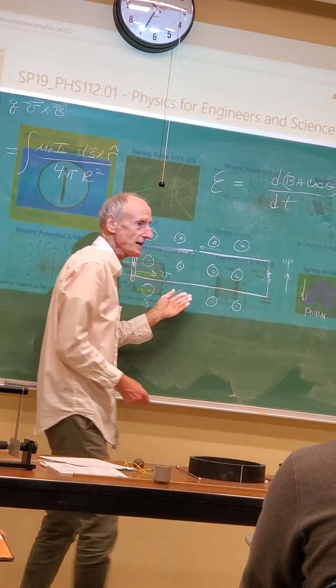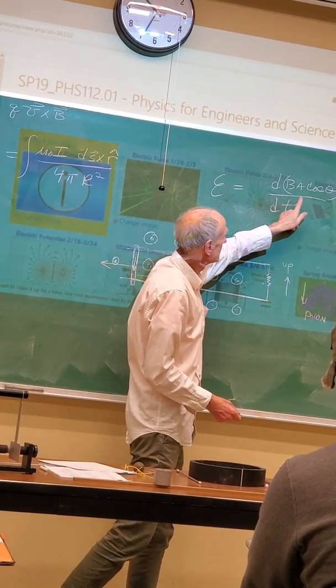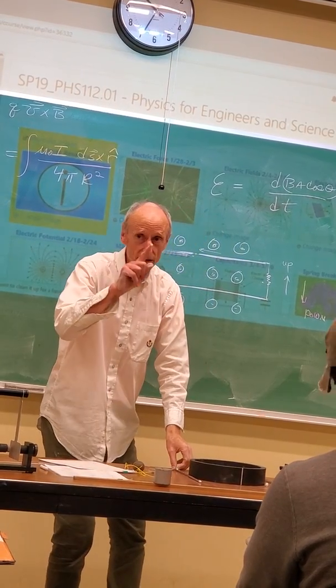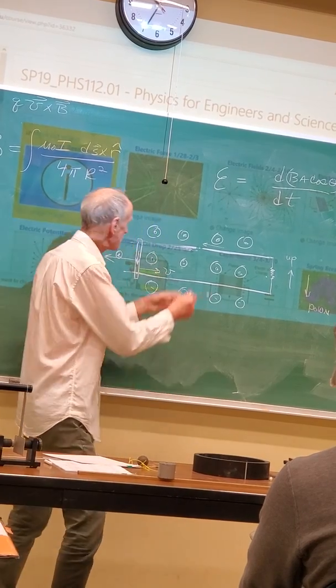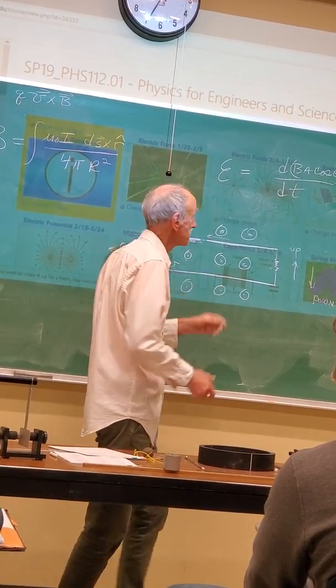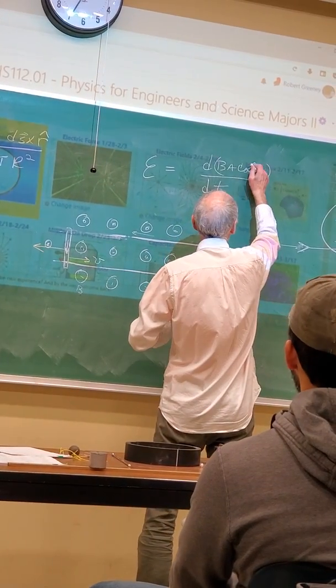The B is constant. And the cosine of theta is 1, because the area is this way and the field is this way. I'm getting maximum flux, so that's 1.